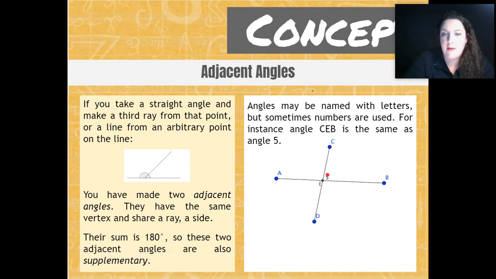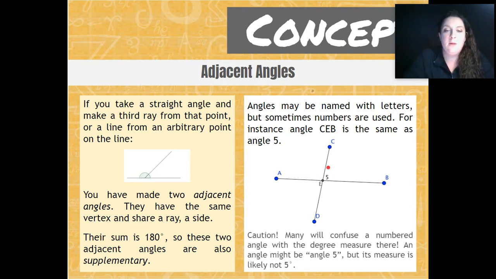So angle 5 is this angle right here. That is angle 5, okay? Angle 5 is not the angle measure. If it was the angle measure, it would say 5 with the degree sign. It would say 5 degrees.